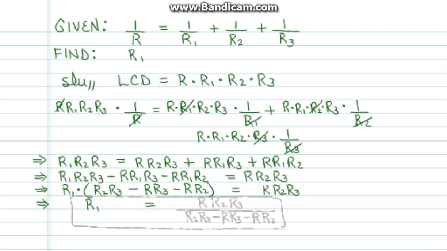But on the right side, we will get R times R sub 2 times R sub 3 divided by the parenthetical expression R sub 2 times R sub 3 minus R times R sub 3 minus R times R sub 2. And there we have R sub 1 by itself, so that is our final answer. We solve for R sub 1.